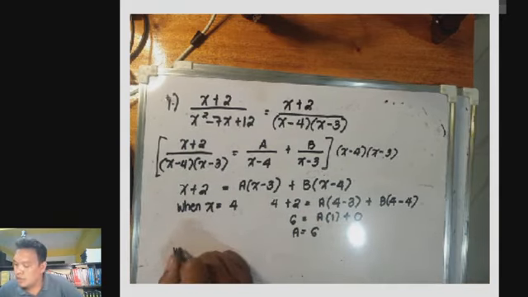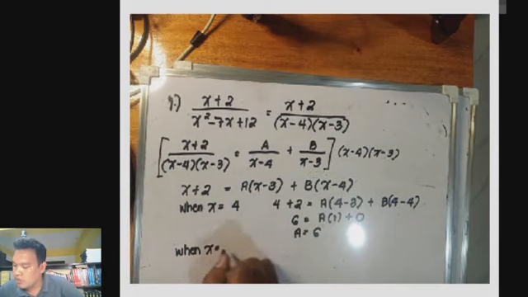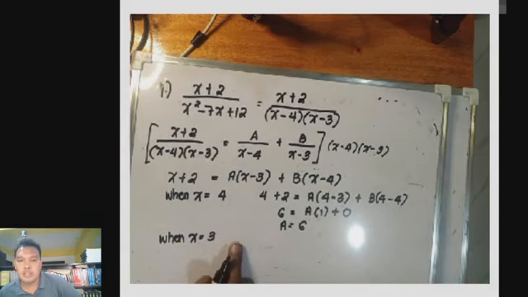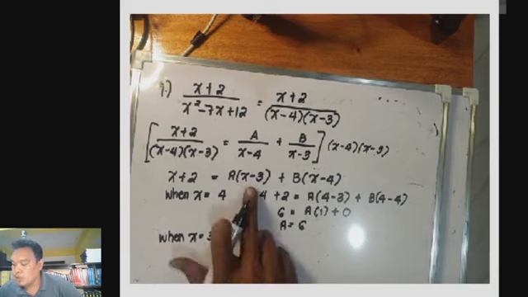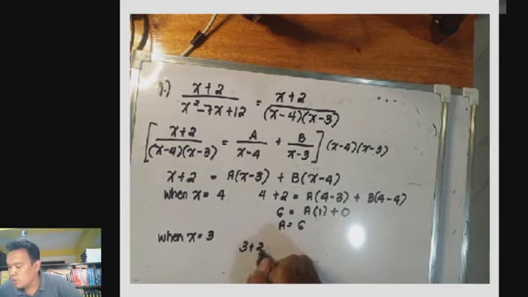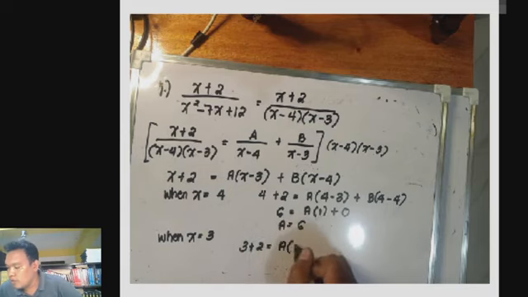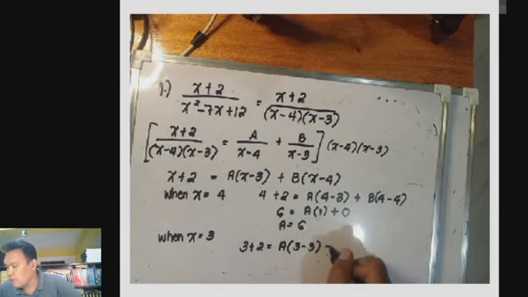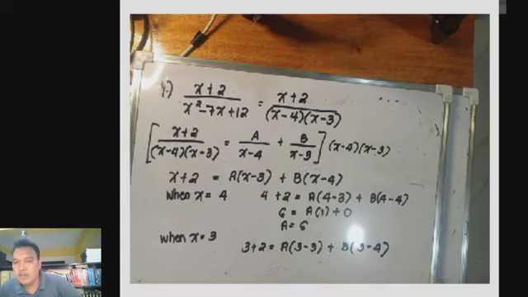Then, when x is equivalent kay 3, makukuha natin yung value ni B. Lalabas, masisiro to. So, lalabas yan ay, we have 3 plus 2 is equivalent kay A times 3 minus 3 plus B times 3 minus 4.